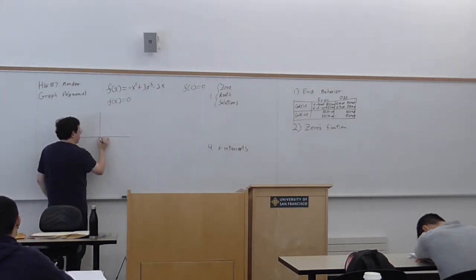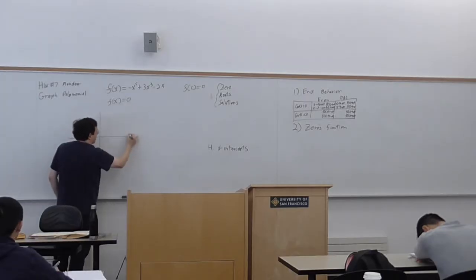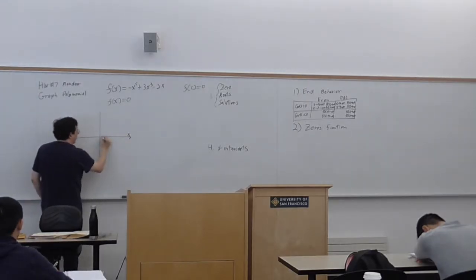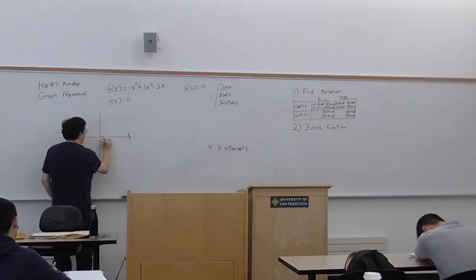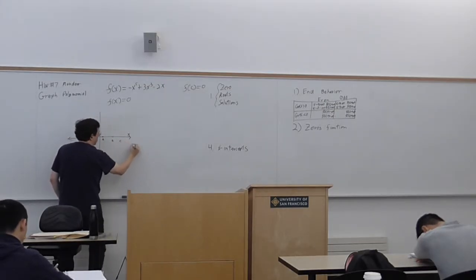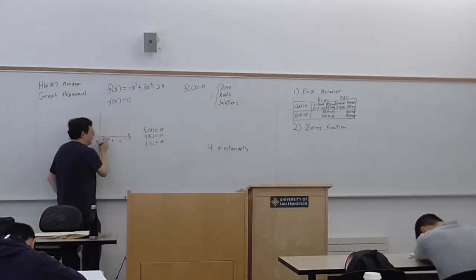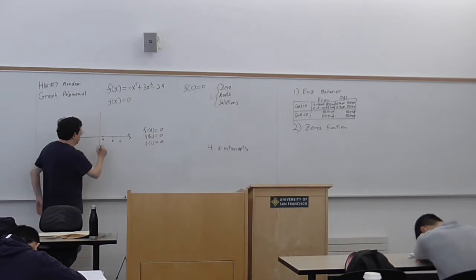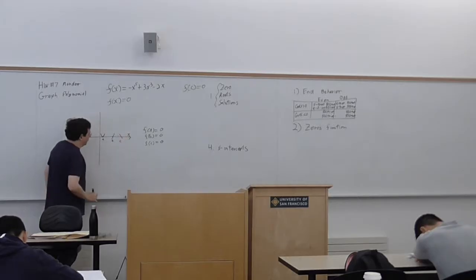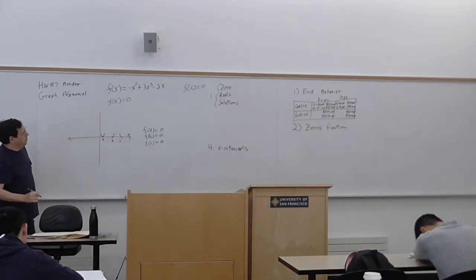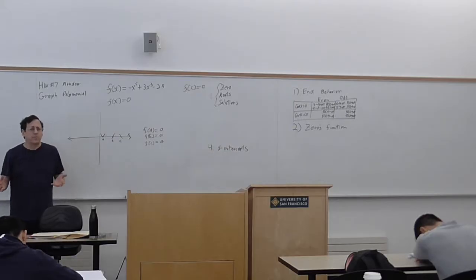Where this function happens to hit the x-axis is where I have some value, say a, or b, or c, where f of a equals 0, f of b equals 0, or f of c equals 0. Okay, those are my zeros. But they're also the place where the graph is either going to just hit the axis or go through the axis. So these are the x-intercepts.